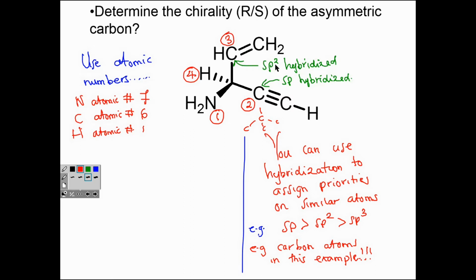And remember, because you have a double bond, you can take it to be bonded to 2 other carbons. Obviously, a carbon taken to be bonded to 3 other carbons has a higher priority over a carbon that's assumed to be bonded to 2 other carbons based on the double bond. So there you have it. The arrangement of numbers here is nitrogen number 1, sp carbon number 2, sp2 carbon number 3.